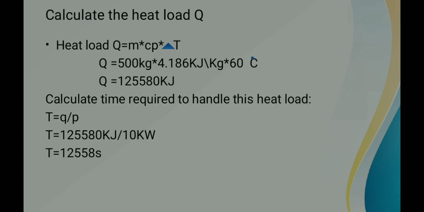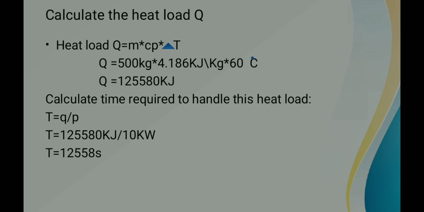Now let us calculate the heat load, which is the letter Q. The heat load Q is equal to M × Cp × ΔT. We have found the mass, which is 500 kg, and the specific heat of water is 4.18 kilojoule per kg, and the temperature change delta T is equal to 60 degrees Celsius.